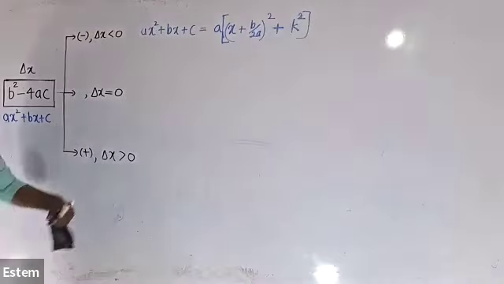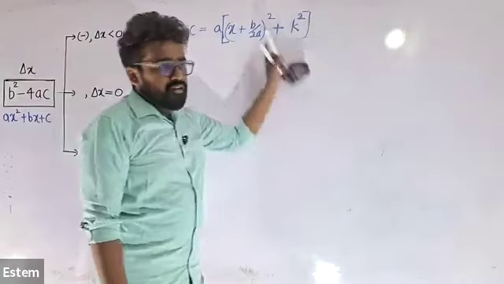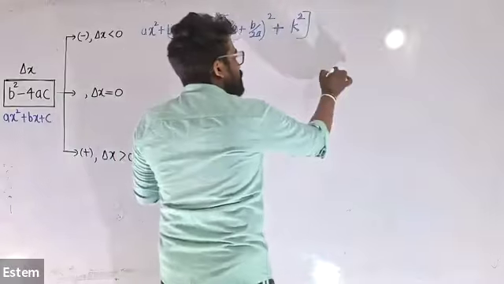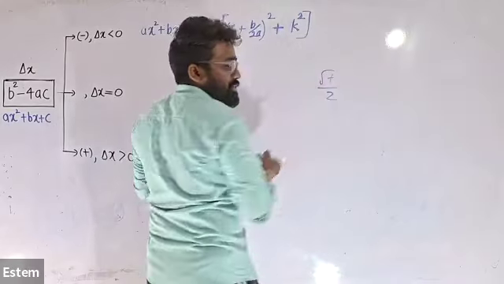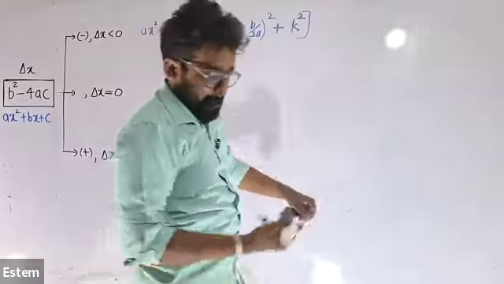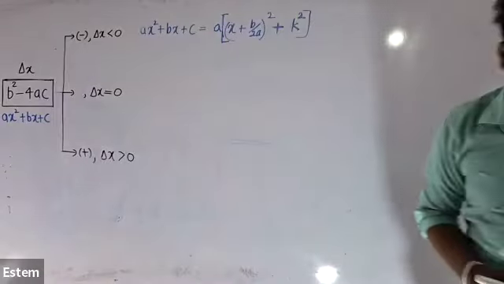Always we can express it as a square, okay? Don't think about this k, it's just a number. In our example, k is root 7 over 2. Just like that. Is it okay? I think it is okay.